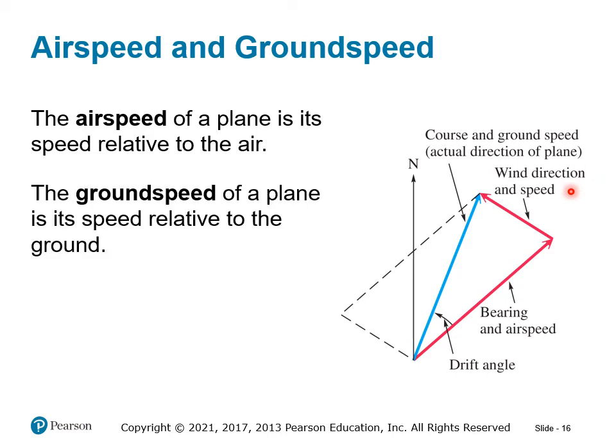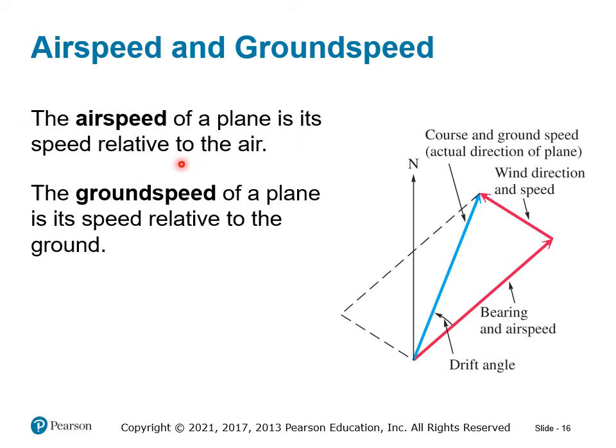The ground speed of a plane is its speed relative to the ground. You think of ground speed as the speed of the actual plane in relationship to the Earth. Where is it going? Because we always measure things relative to the Earth.